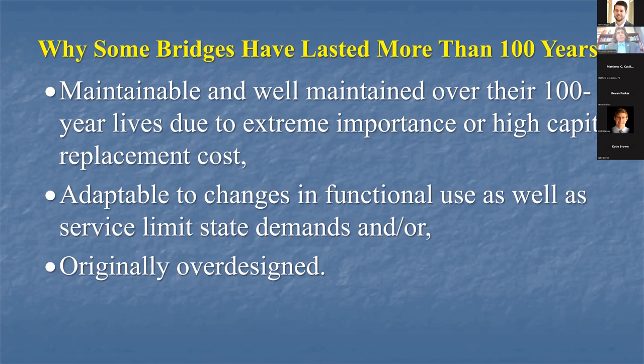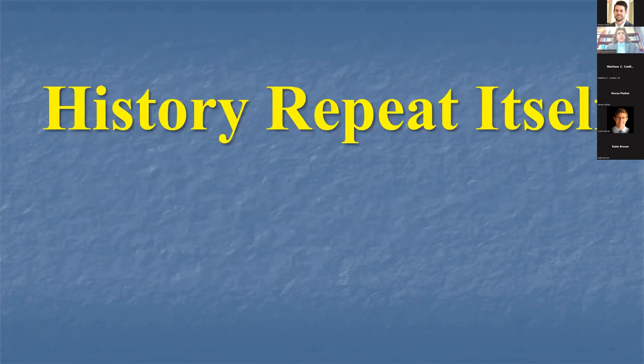Now, the designer did not do a good job in protecting the cables. In the case of the Williamsburg Bridge, like the Brooklyn Bridge, John Roebling used graphite, but I think they used some type of oil for the Williamsburg Bridge. But these are the three reasons, really, if you want to identify why some of the bridges that we have have lasted 100 years.